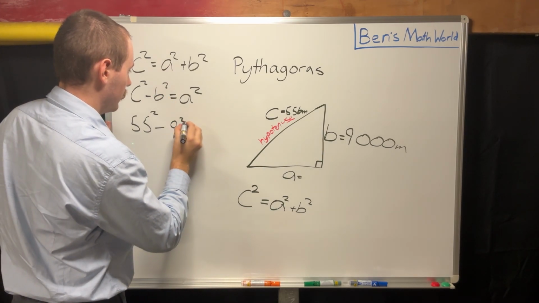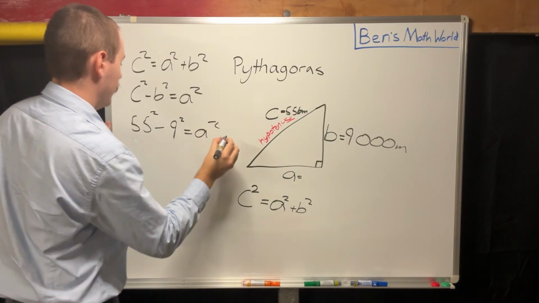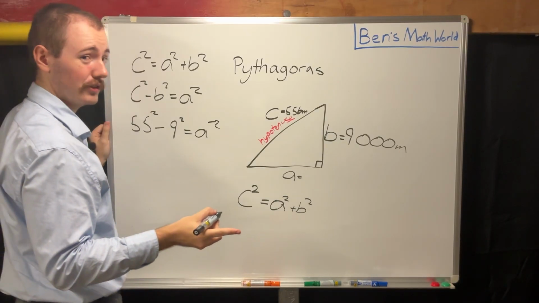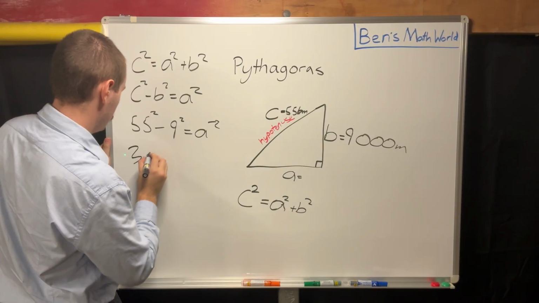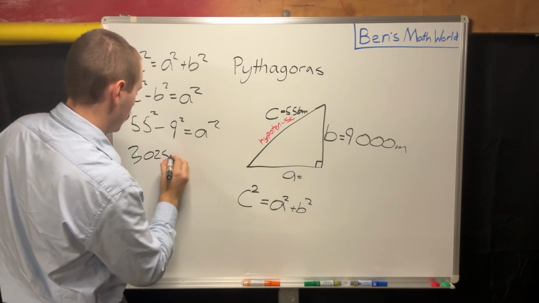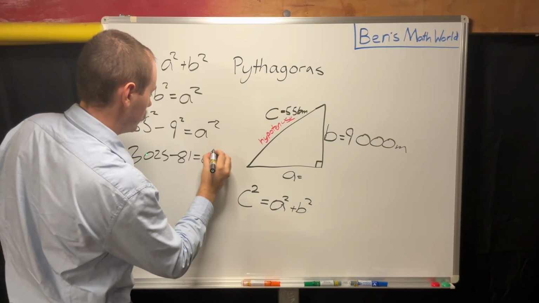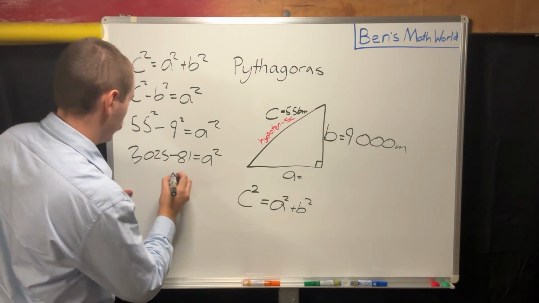So 9 squared is equal to A squared. Now, 55 squared, I think that's 3,025. Check for me, please. Take 81 equals A squared, right? Now let's do this. It's 2,944.